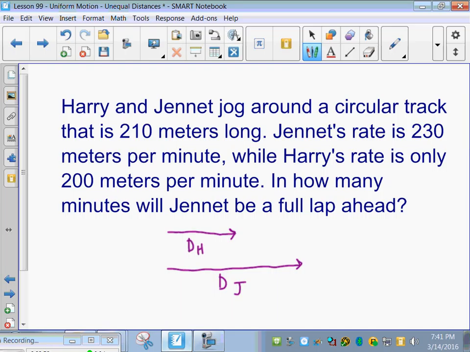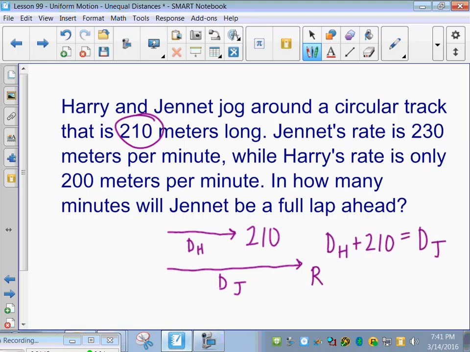So whoever went less is who we have to add the distance to. And the track is 210 meters, so that's how much we're going to have to add if she's one track lap ahead. So our equation is going to be distance Harry plus 210 equals distance Jeanette.